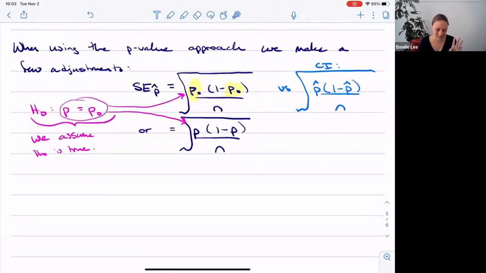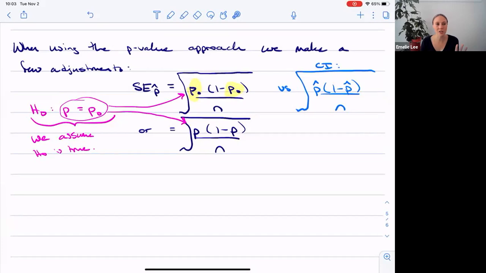Technically, it's the hypothesized population proportion, but I find it helpful to write the P naught, because we're assuming that P equals P naught, and P naught is the value, so that makes it a little bit easier.